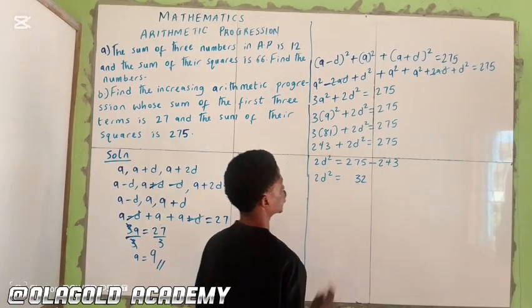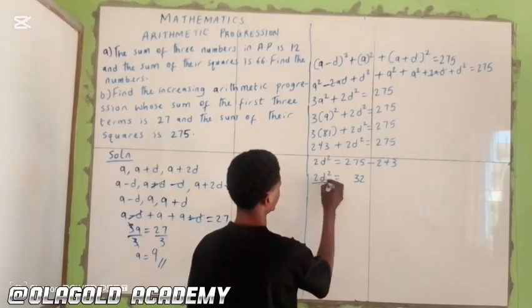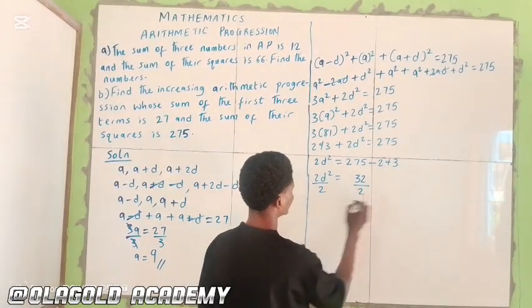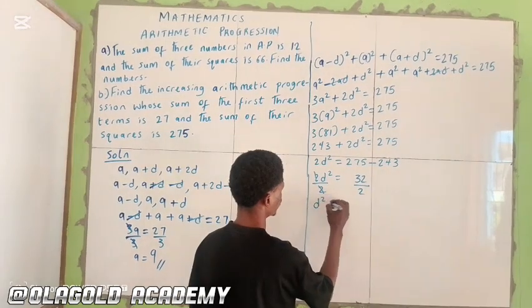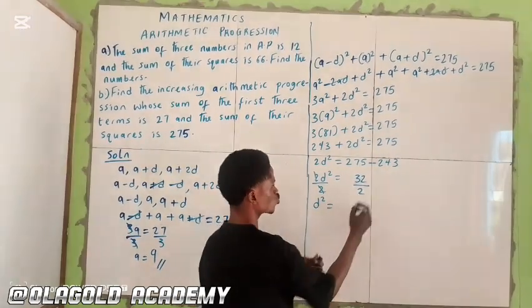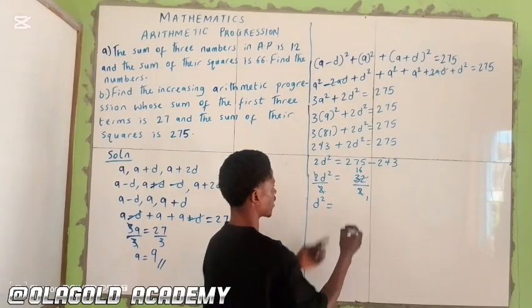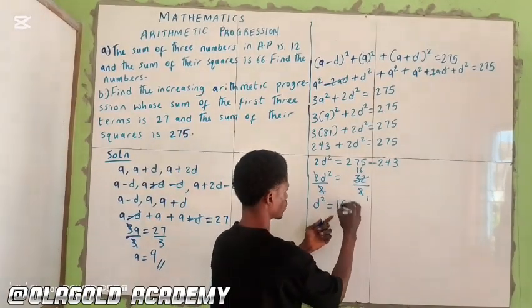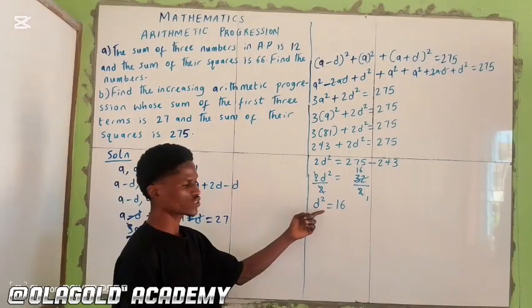So what's the next thing here? Divide both sides by 2. The 2 cancels out the 2, so you have d squared equal to 32 over 2, which gives me 16. So I have d squared equals 16. Now, I'm looking for d, not d squared.